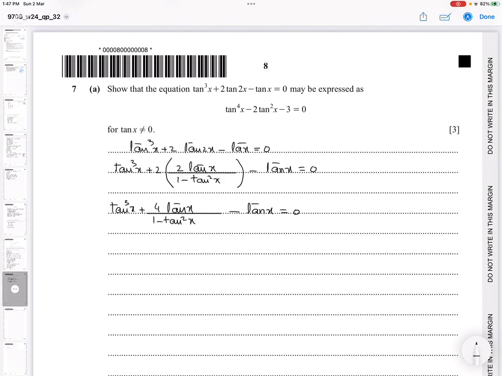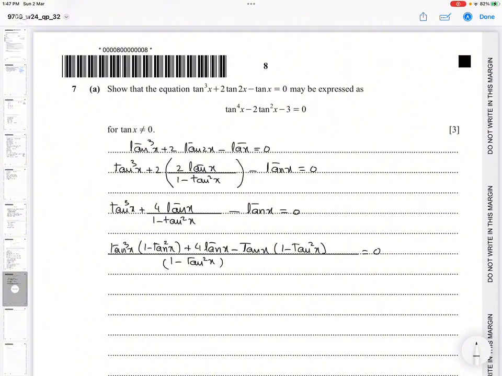Your LCM is 1 minus tan square x, and that will multiply with tan 3x, plus 4 tan x, minus tan x times 1 minus tan square x, and this is equal to 0.